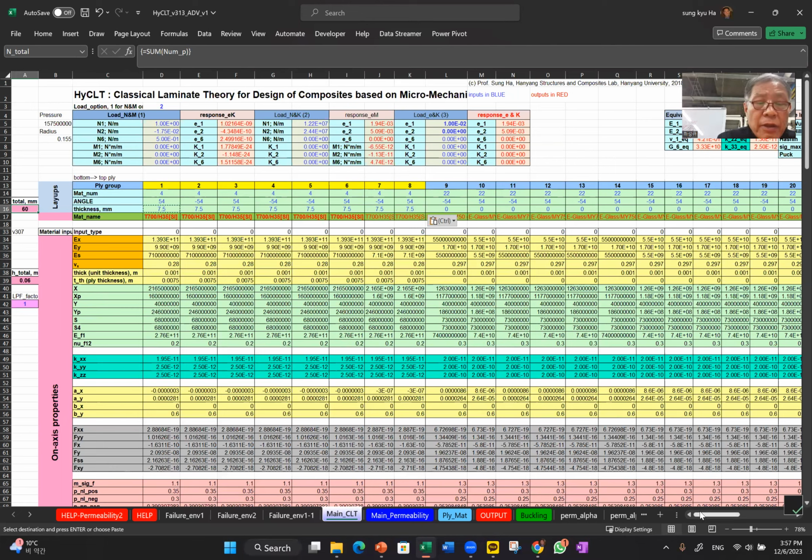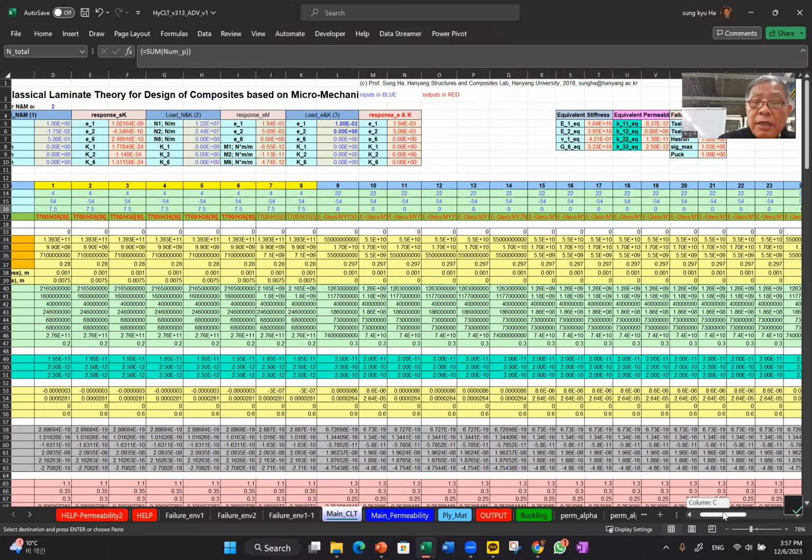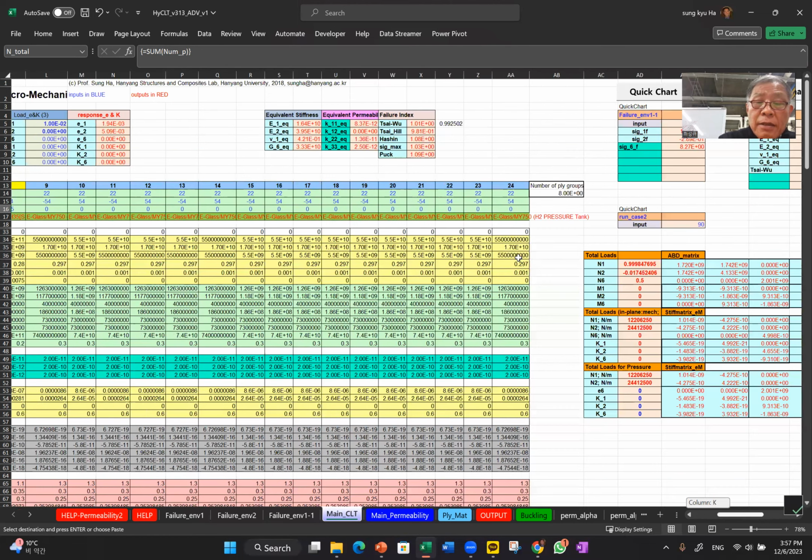So for this pressure vessel design with plus minus 54 degree, the thickness has to be 60 millimeter to reach what the psi-U failure index is telling us. And psi-Hill and the sigma max failure criterion and so on.